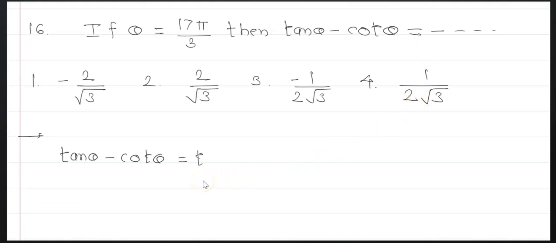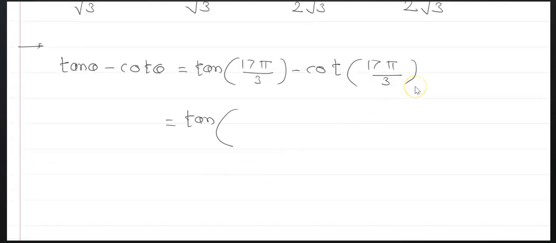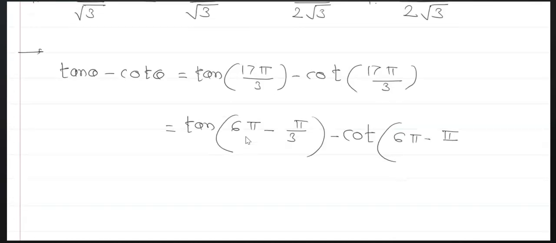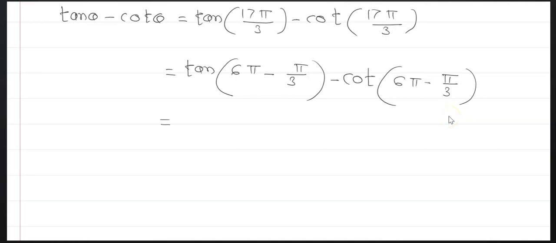Now tan theta minus cot theta is the tan of 17 pi by 3 minus cot of 17 pi by 3, and this can be written as 5 pi plus 2 pi by 3. It may also be written as 6 pi minus pi by 3: tan of 6 pi minus pi by 3 minus cot of 6 pi minus pi by 3.